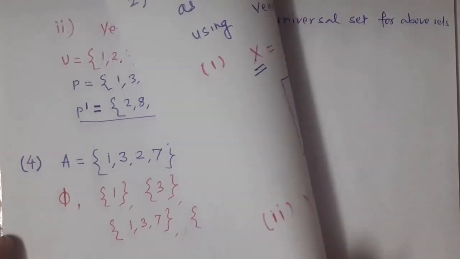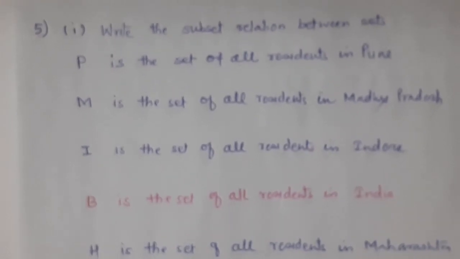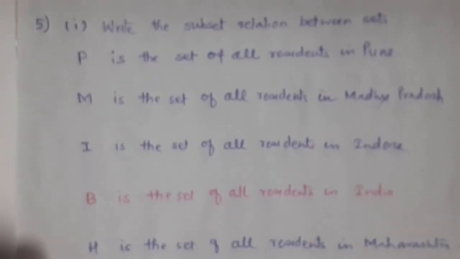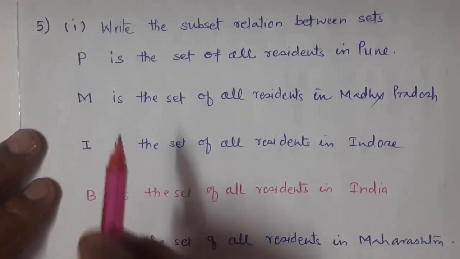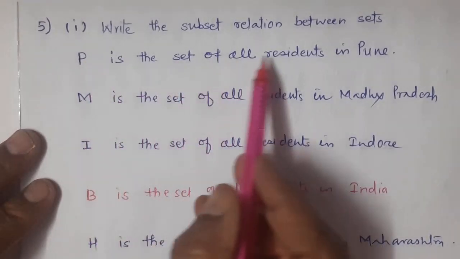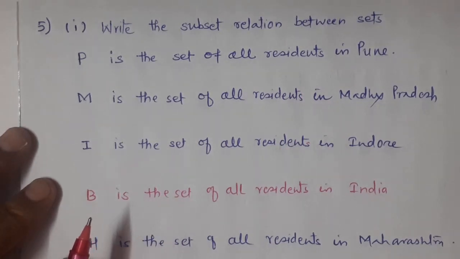Then we have to move towards the fifth example. Write the subset relation between the sets. Here it is given that P is the set of all residents in Pune.